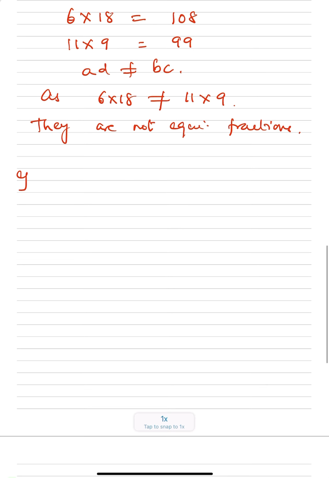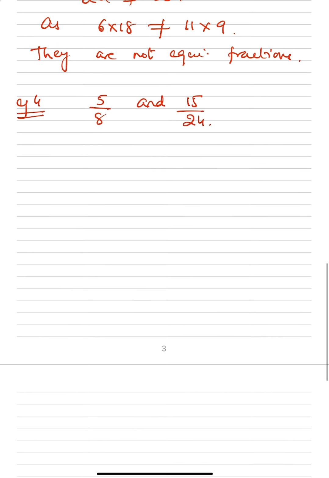Now let us take example number 4. If I take 5 upon 8 and 15 upon 24, again we will cross multiply. So 5 into 24 and 8 into 15. 5 4s are 20, 2 carry on. 5 2s are 10 plus 2, 12. So this is 120, and this is also 120.